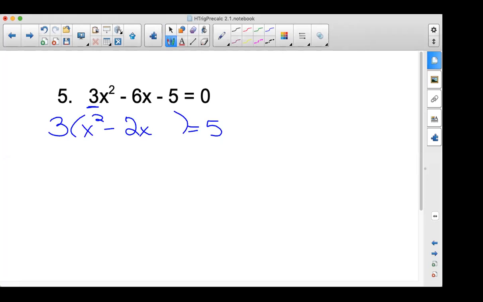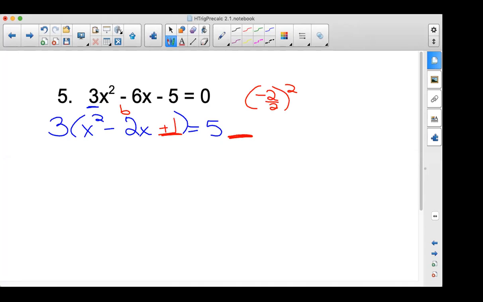The whole reason we're completing the square is so that we can have a perfect square trinomial. To get that perfect square value, make sure you're using the b after you factor out that coefficient. And that is a -2. So we're taking -2 divided by 2, squaring it. And when you do that, you get a 1.